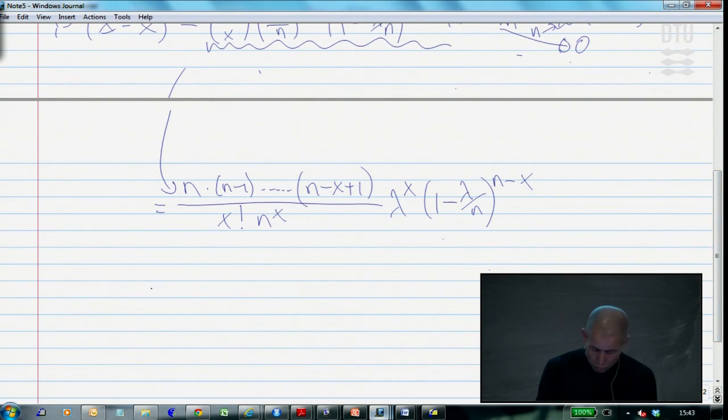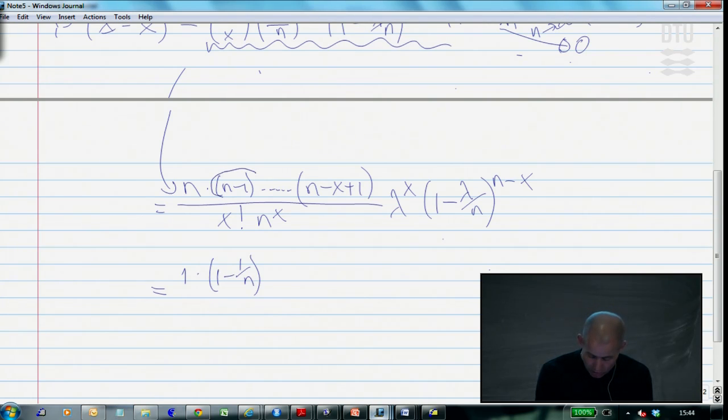We'll need to do one more step before we can identify what is happening when n is tending to infinity. I will take each of those n factors. I actually have x terms up here, and I will take each individual one and divide by n. The first one becomes a 1. The second one becomes 1 minus 1 over n.